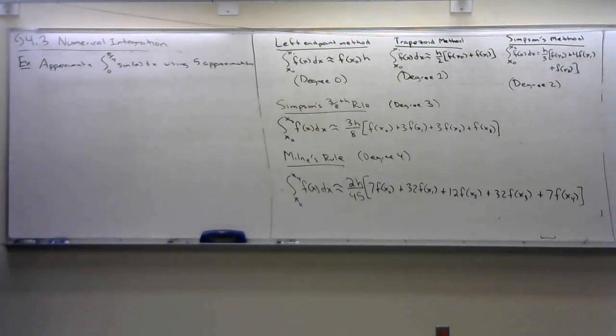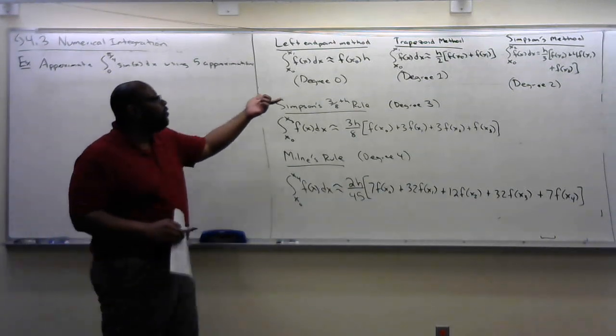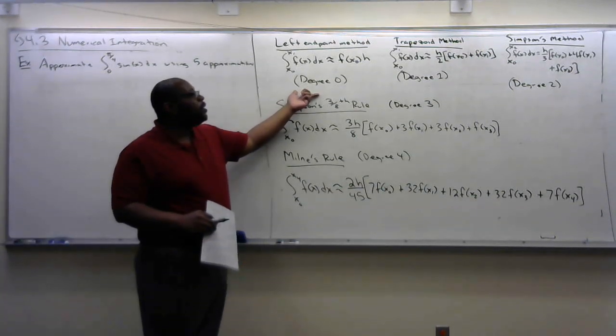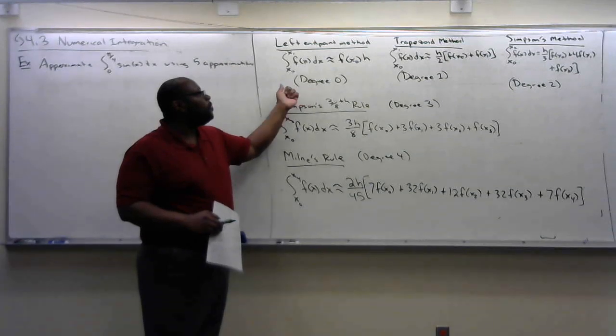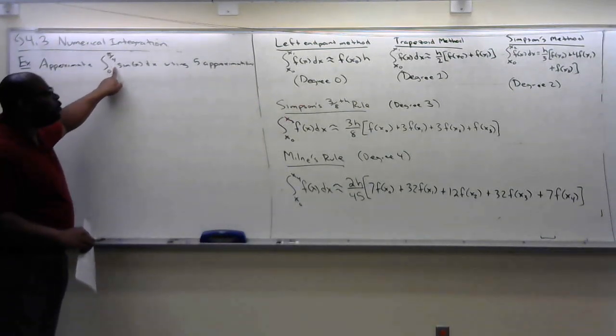I'm going to use the left endpoint method, trapezoid, Simpson's, and so on. Now I'm going to do something a little different from before. I'm only going to break up my interval if I have to. For the left endpoint method, I don't have to break it up; I can just go from the first value, 0, to the last value, pi over 4.